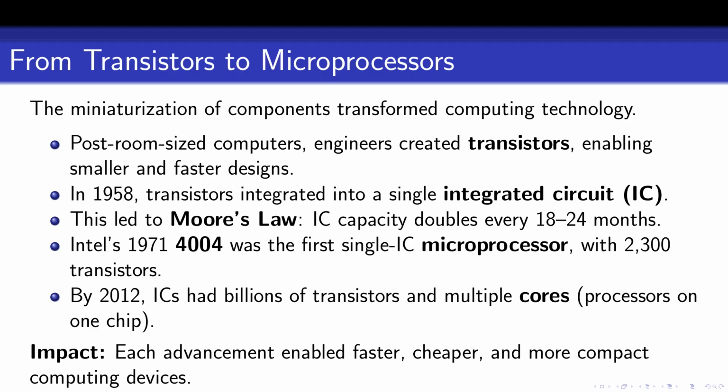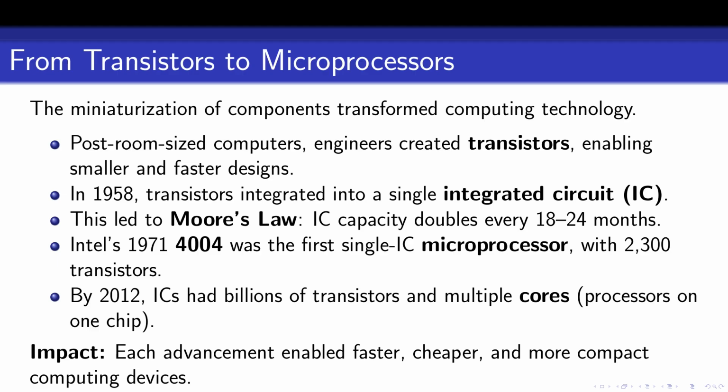And for decades, that prediction held true. More transistors meant more processing power, without increasing size or cost. In 1971, Intel released the 4004, the world's first microprocessor on a single chip, with 2,300 transistors.